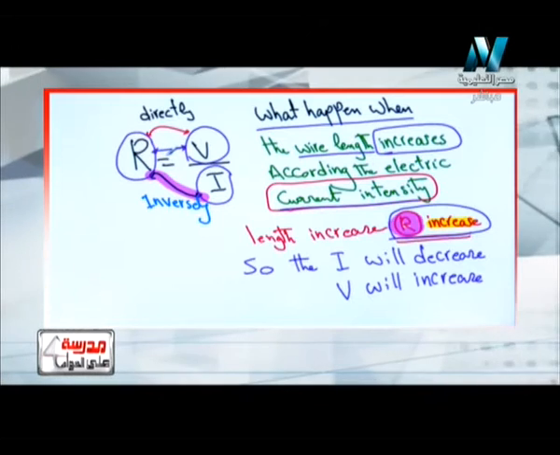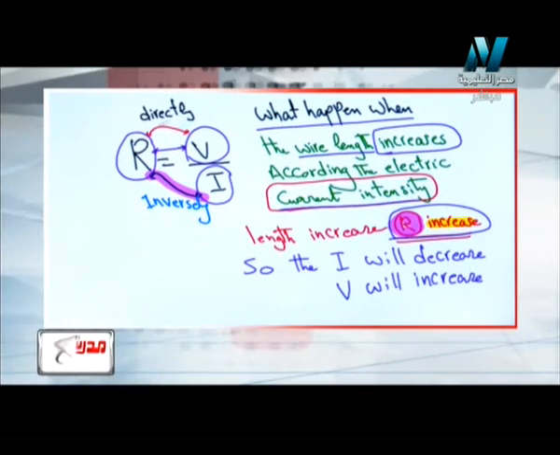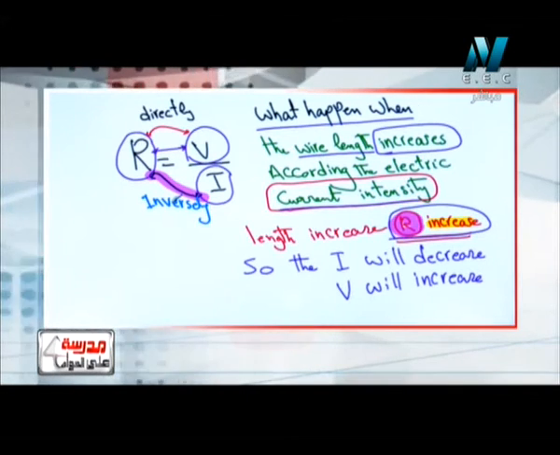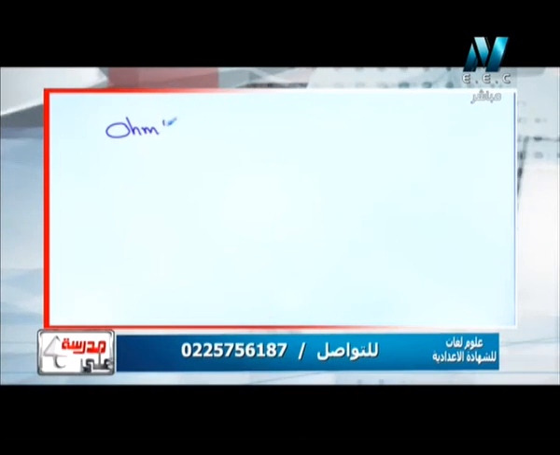Why? Because the electric resistance and potential difference are directly proportional. From this magic triangle, we can now know Ohm's law. We have something called Ohm's law.